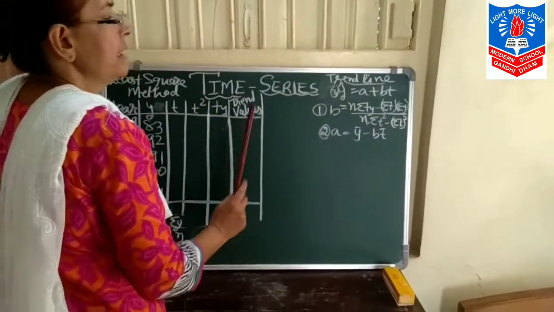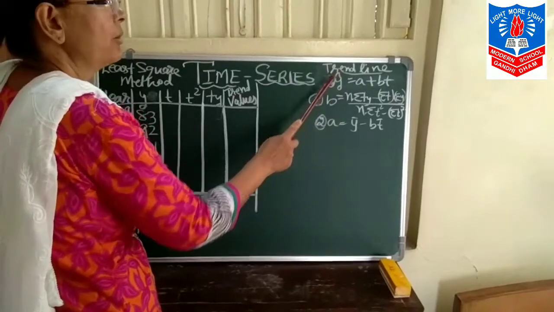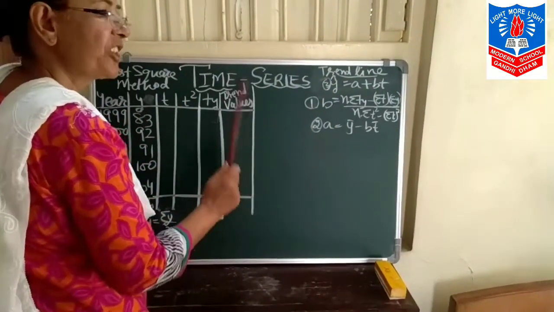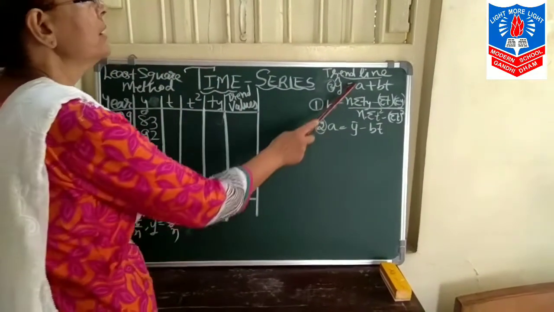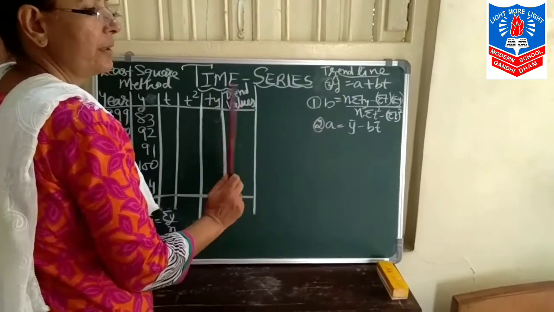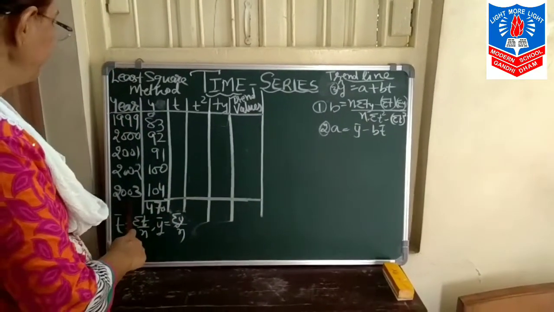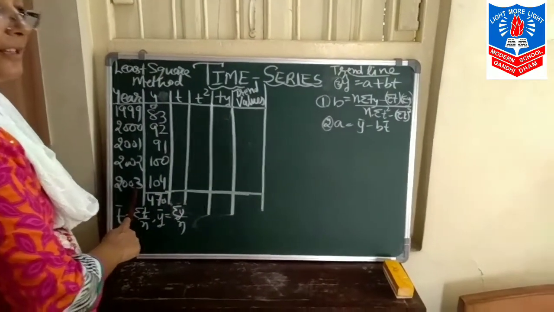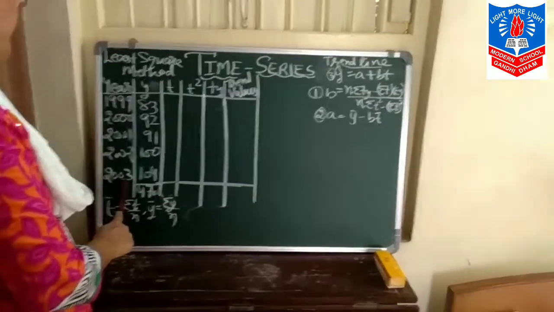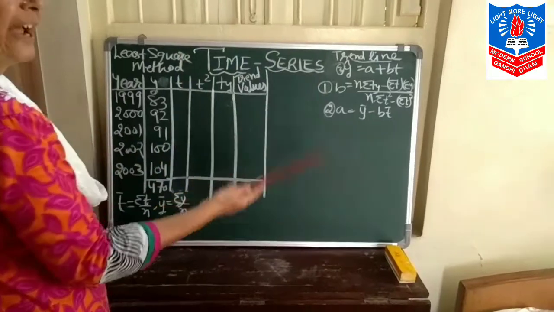Now in this, three things we are supposed to find. Number one, trend line. Now trend line is common. For each and every sum of least square method, we will find the trend line, whether it is asked or not. Second, like we discussed just now, here it is given up to 2003, so in the year 2005, what will be the estimated value of y, that we are supposed to find.